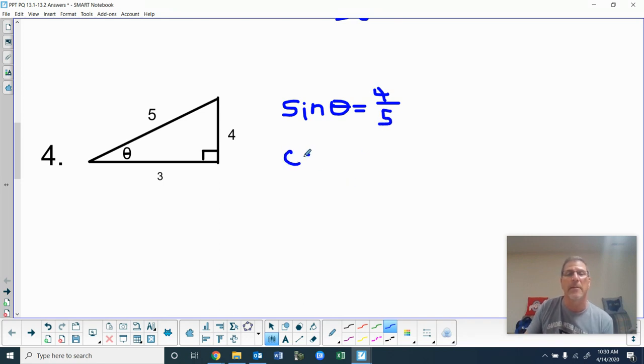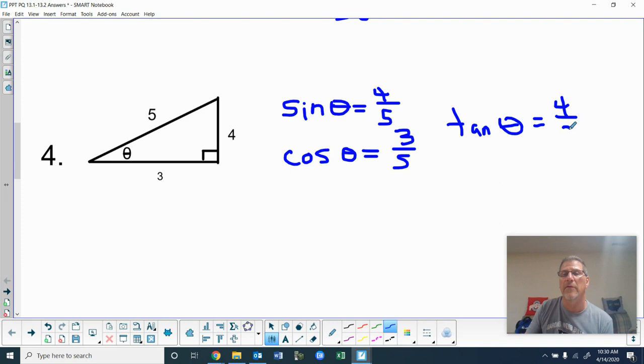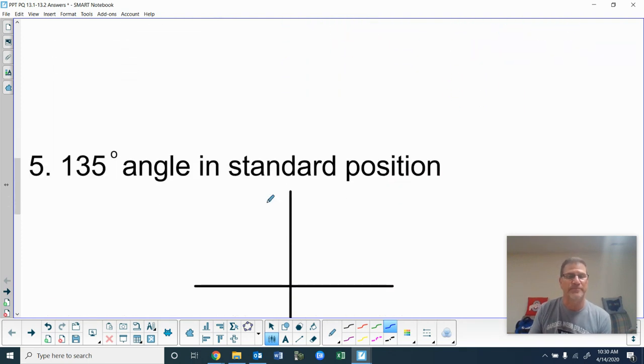And then cosine of theta is adjacent 3 over hypotenuse 5. And then tangent of theta is opposite 4 over adjacent 3. Opposite over adjacent, okay? So again, SOHCAHTOA, easy problem.